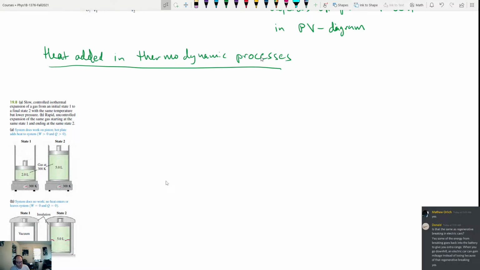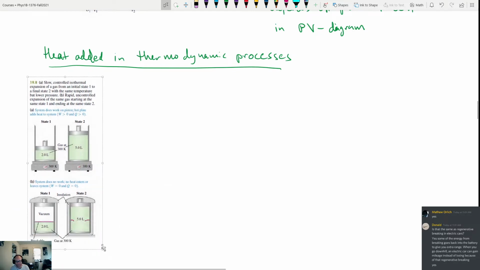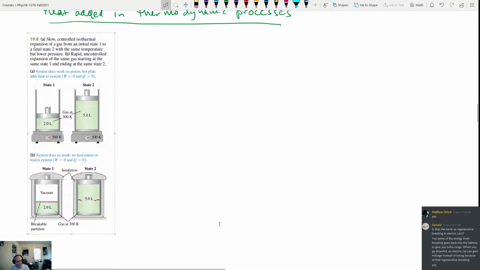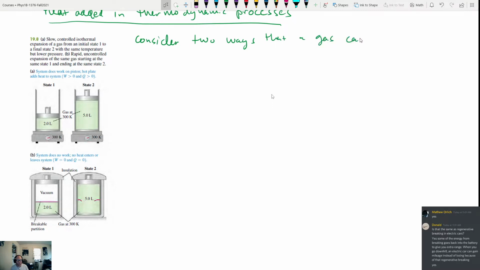And the way that we're going to talk about this is through this picture right here. Okay, let's see if we can make it a little bit bigger. So we're going to consider 2 different systems that are going to take our gas from 2 liters to 5 liters, okay?